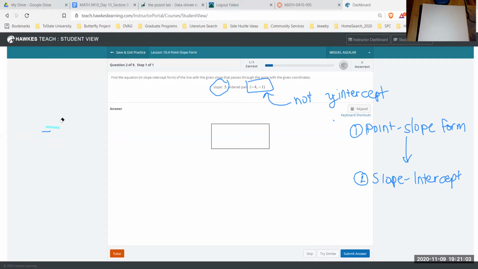So what that extra work looks like is going to be, we're going to set up point slope form, which is y minus y1 is equal to m times x minus x1.